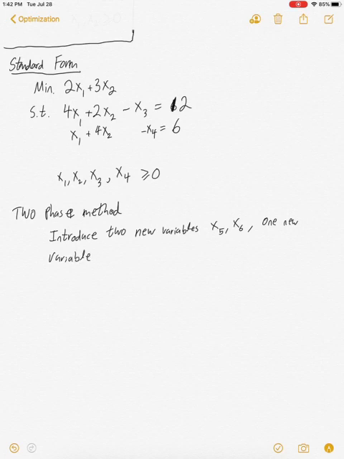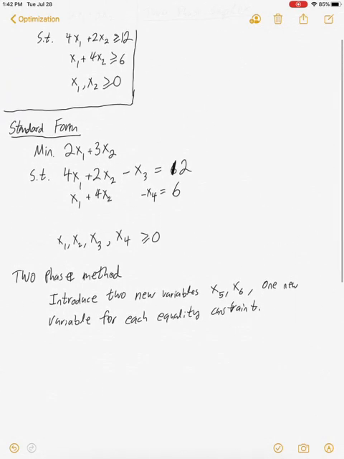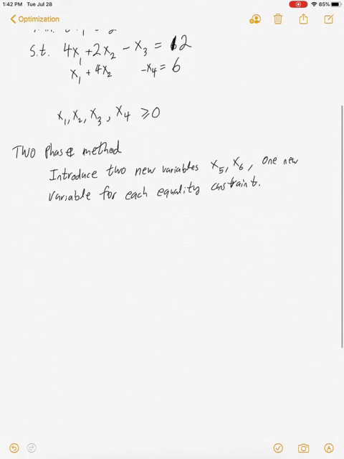Here we have two equality constraints, so we introduce two new variables. And what we're going to do is solve the following problem. We're going to minimize x5 plus x6. Those are the two variables that we added.